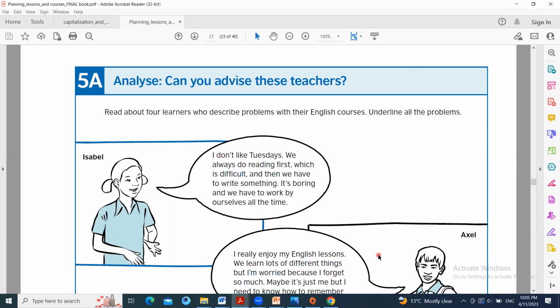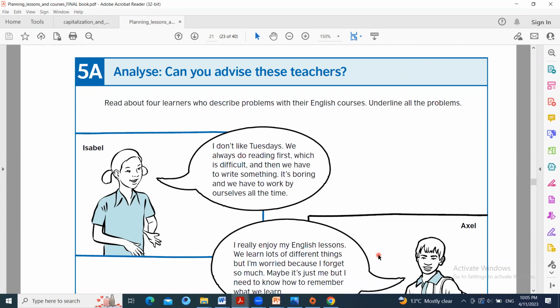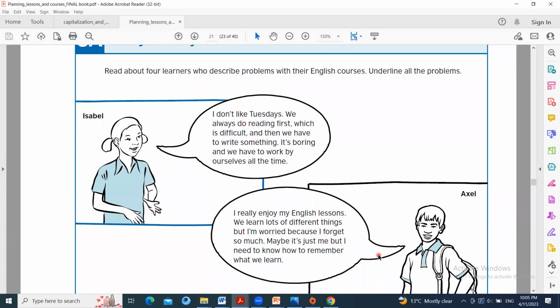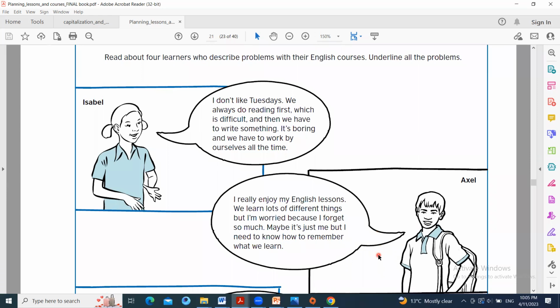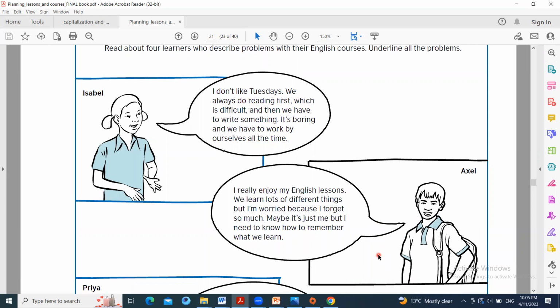Please try to underline the problem or even all problems. Okay? You think of these 2, Isabel and Axel, and their problems.